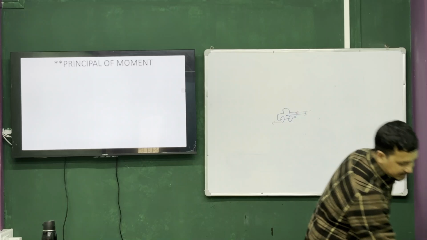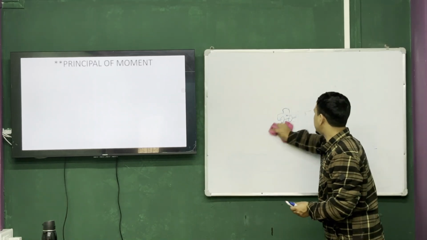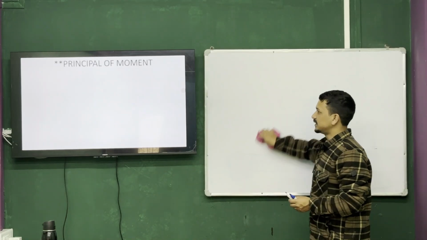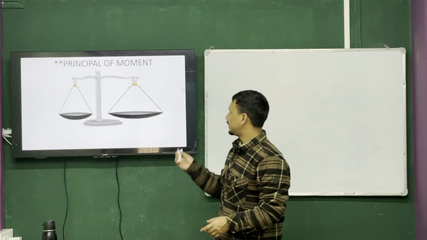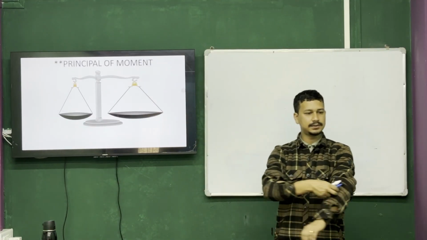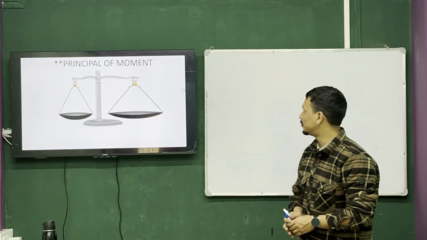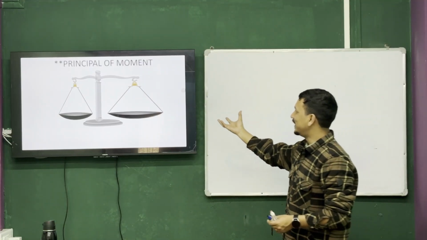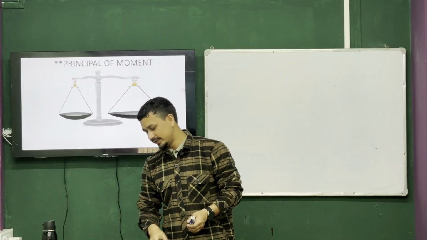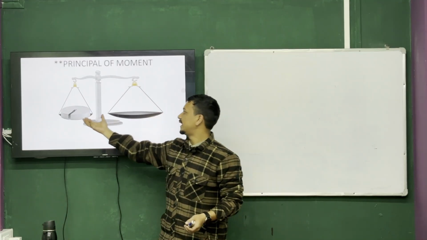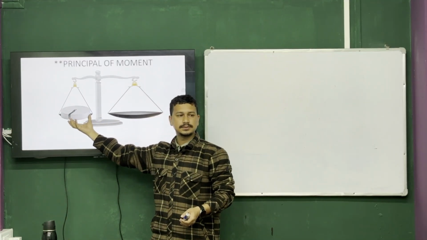Then let's move on to the next topic, the last topic, that is principle of moment. So imagine that we have a pan balance. Alright, again, this is also generated by ChatGPT, so don't ask me why this is so big and this is so small. Okay, ChatGPT made it easy for me to explain. So on this side we have a heavier mass, right?